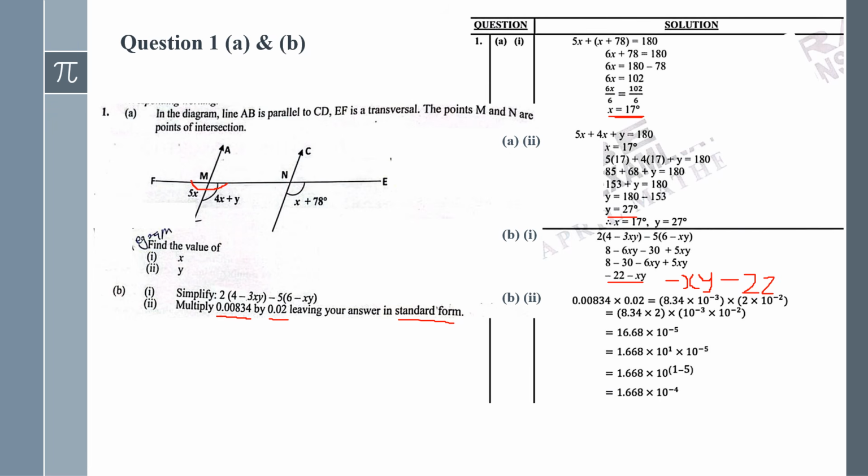So we multiply all the bases separately and we multiply the powers of 10 also separately. So 8.34 times 2, and then the powers of base 10 also multiply. Finally, we'll have our final answer to be 1.668 times 10 raised to the power negative 4.